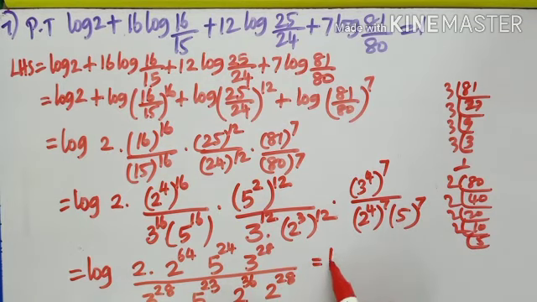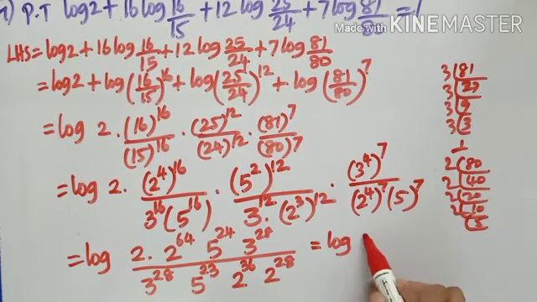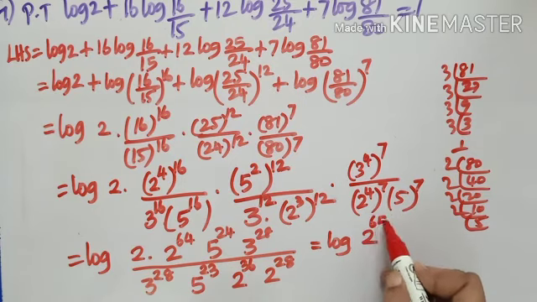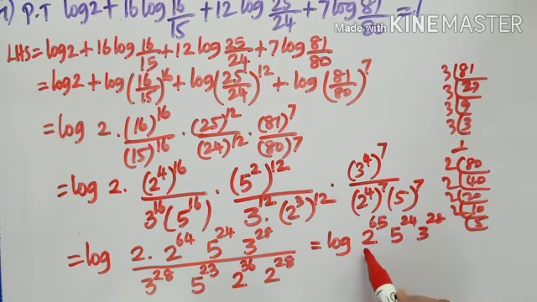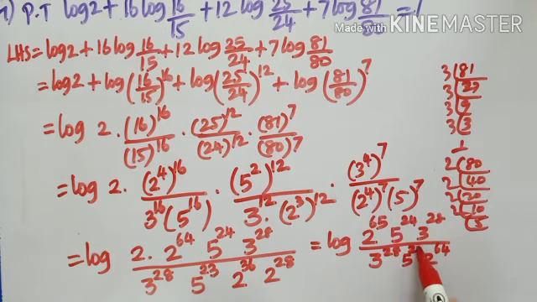This I can further write as log 2 power 64 plus 1, 65, 5 power 24, 3 power 28. Denominator 3 power 28, 2 power 36 plus 28 is again 64, and 5 power 23.